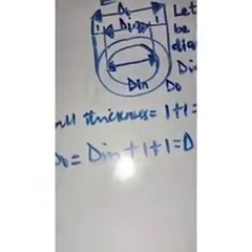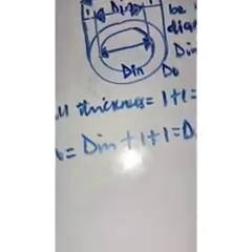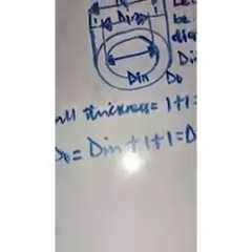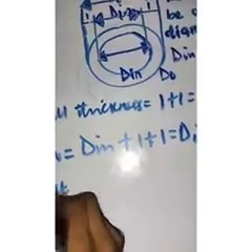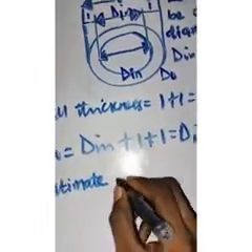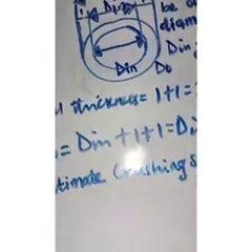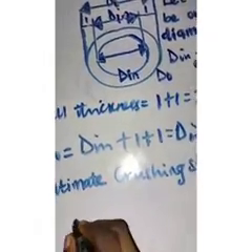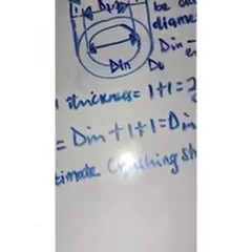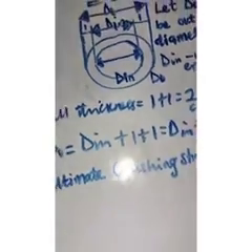So from there you can find out that the ultimate crushing stress is equal to P over A, also the working stress.